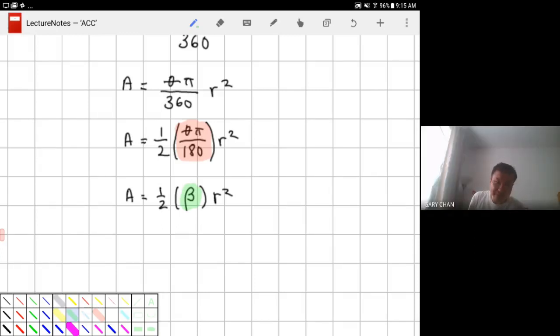The difference is beta is in radians and theta is in what units one more time? Degrees. That's all it is. So this formula right now is the area of a sector of a circle. So I'm going to write this over here.